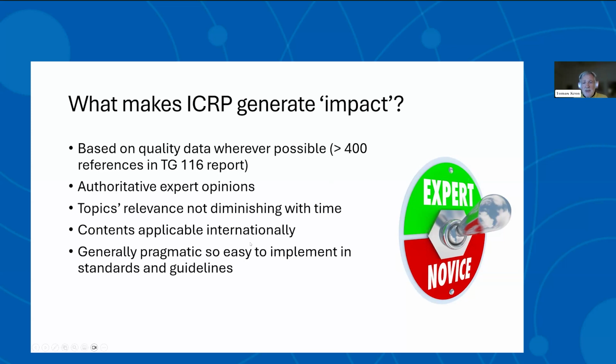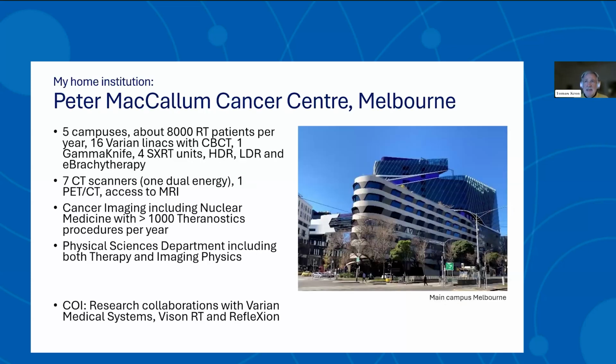The group has taken great care to cover image guidance and imaging in radiotherapy not just from a high-income country perspective, but from a low to middle and high-income country perspective. That yields generally pragmatic approaches which find their way into the recommendations.